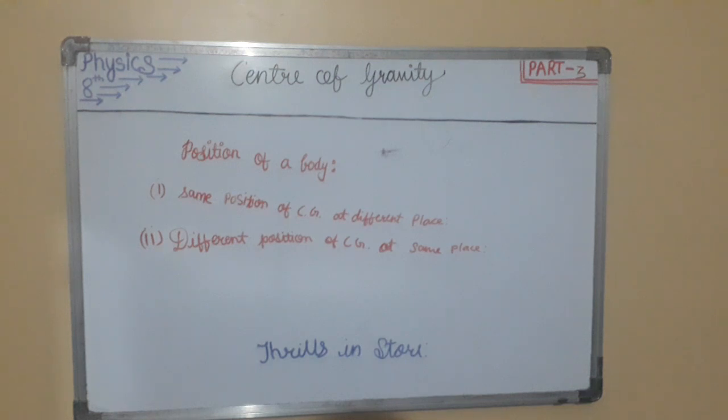So, our question is that it is a matter of fact that a person can have different positions like sitting, standing, bending, etc. being in same place. How is it possible?